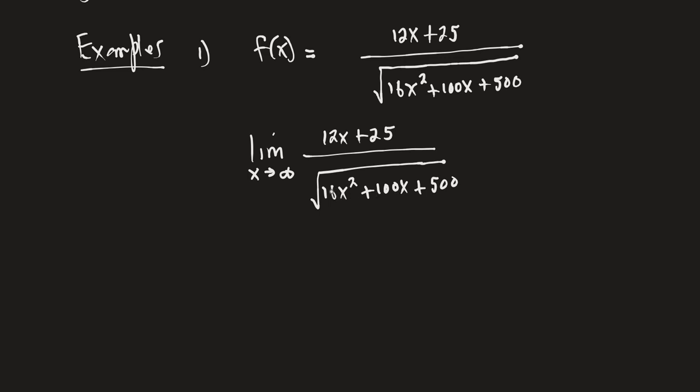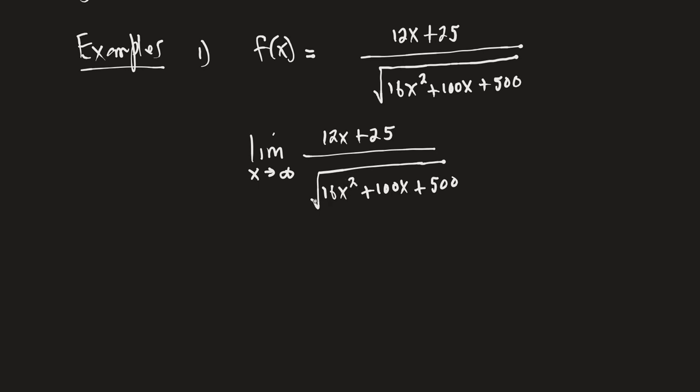The trick is in identifying what that highest power of x is; you have to take into account now the square root. The square root essentially cancels out with this power of x.